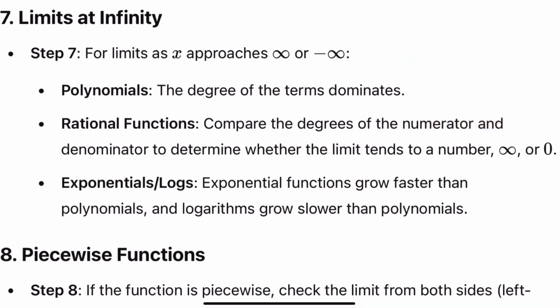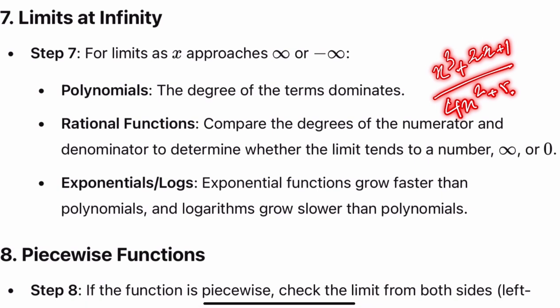The third case is when the degree of the numerator is greater than the degree of the denominator. For instance, x to the power of 3 plus 2x plus 1 over 4x to the power of 2 plus 5.